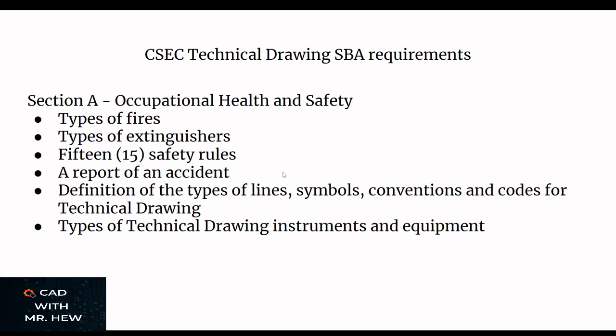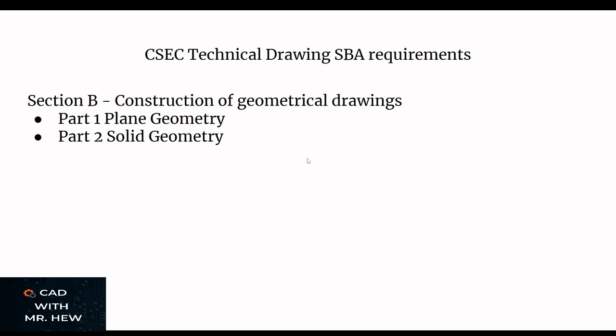So we'll be going on now to section B. Now in section B, right, this is a drawing component, right? So in this section, the candidate will be required to draw the geometrical drawings, right? Now, part B has two sections. We can call it part 1 and part 2. Part 1 is plain geometry. Part 2 is solid geometry.